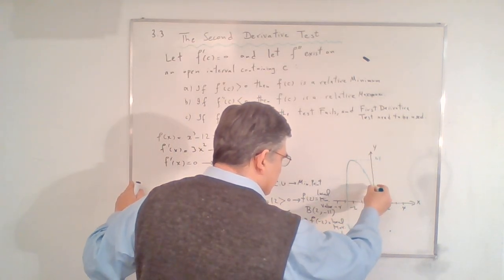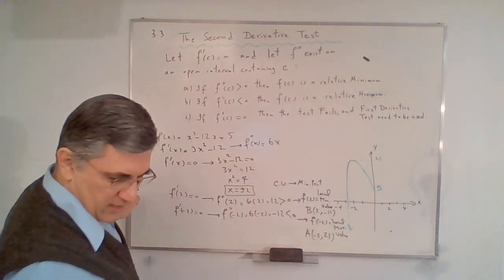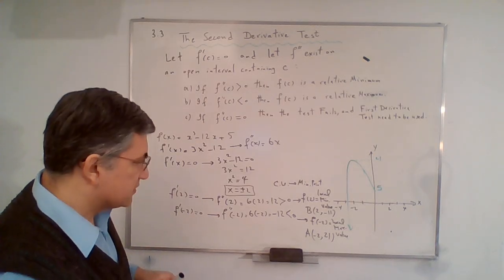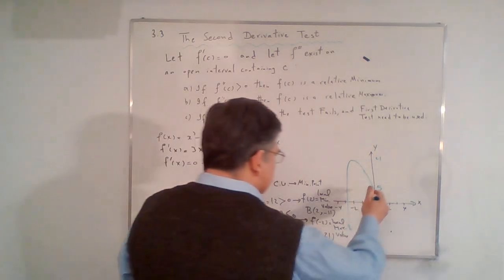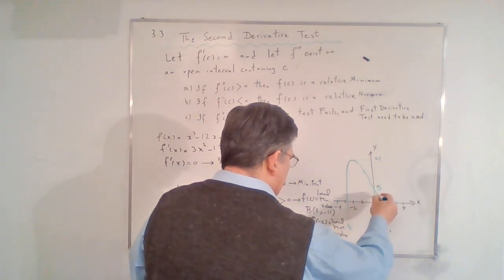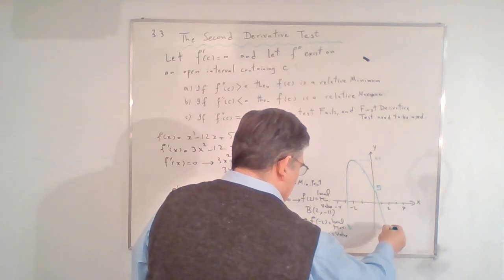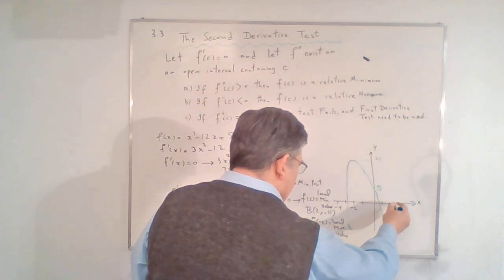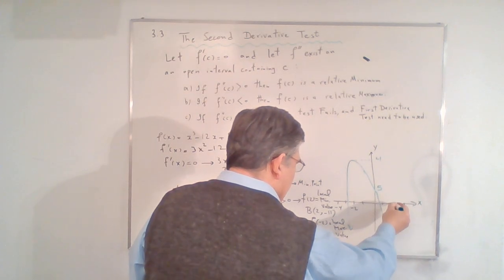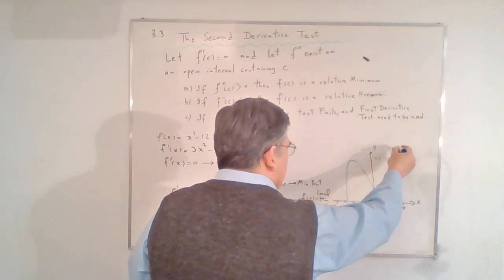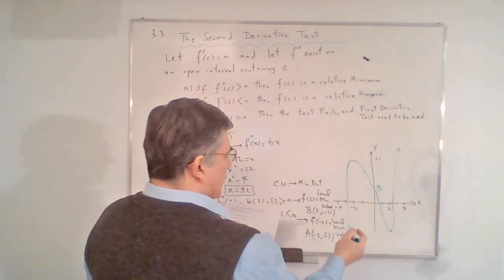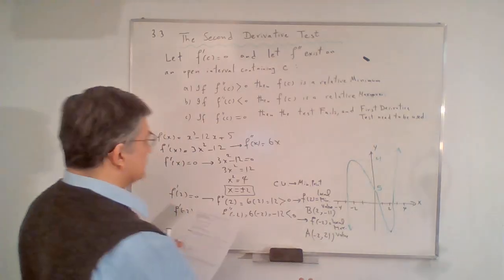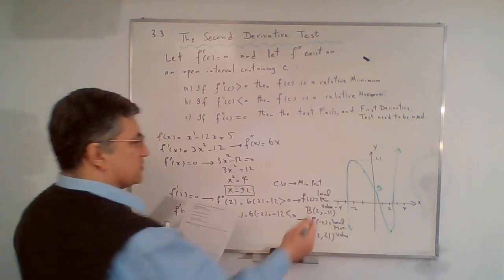And then it will cross the x-axis at some point here, going towards the local minimum point. And then it's going to go up back again like this.